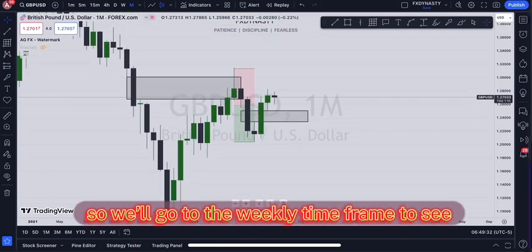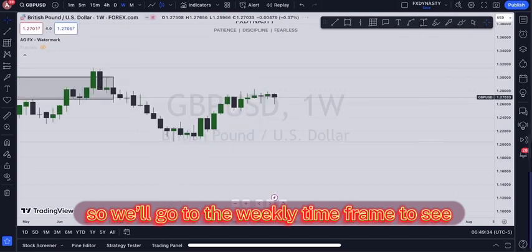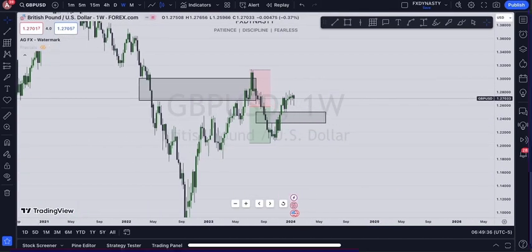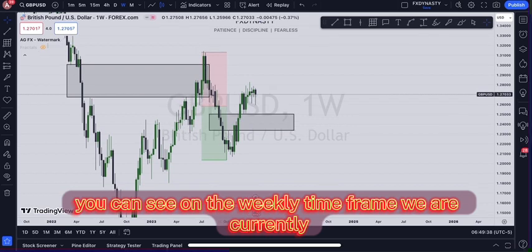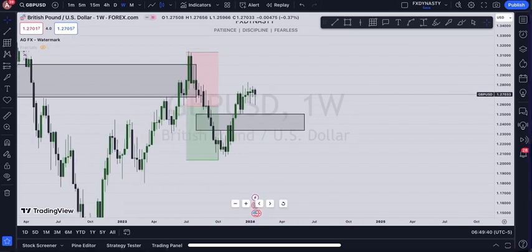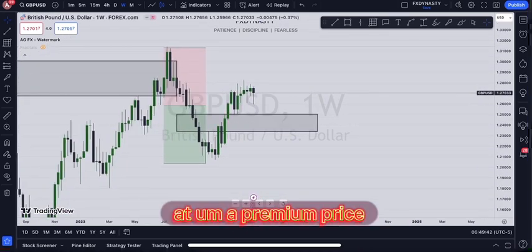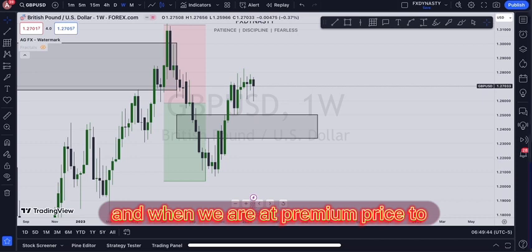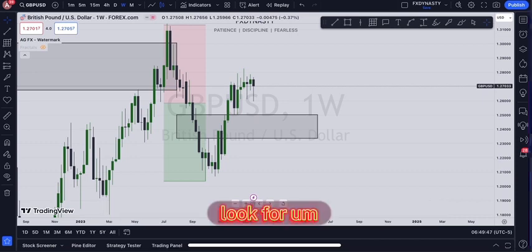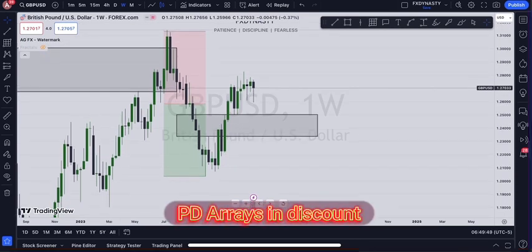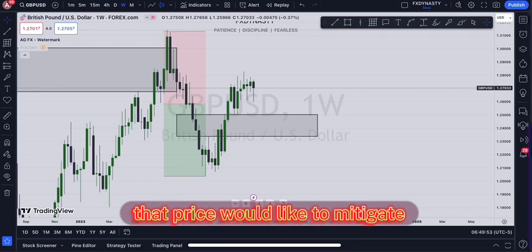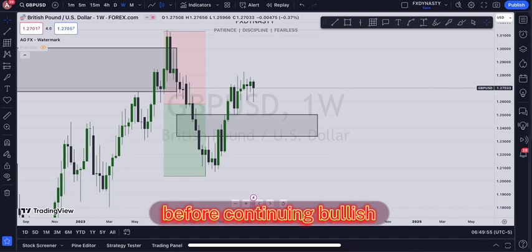So go to the weekly time frame to see. You can see on the weekly time frame we are currently at a premium price, and when we are at premium price, we'll look for PD arrays in discount that price would like to mitigate before continuing bullish.